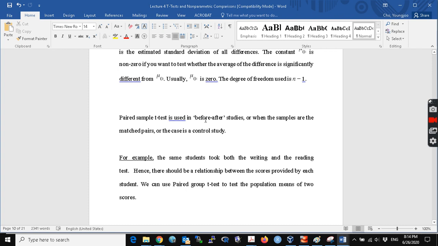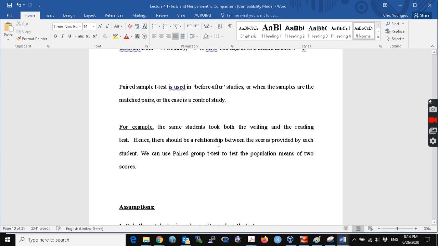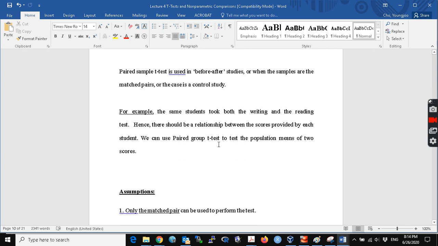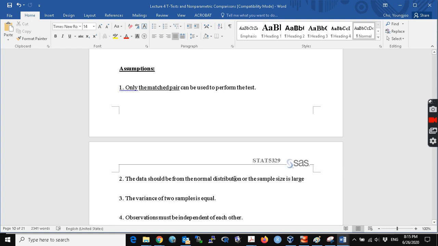The paired t-test is used in before-after studies, or when the samples are matched pairs, or in a case-control study. For example, the same students took both a writing and a reading test, and you want to know the relationship between the two scores in each student. Then you can use a paired group t-test in this case.